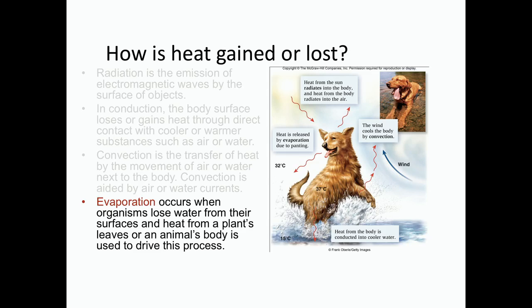So you sweat, you emit fluid from your body, water from your body, to the surface of your skin. As that water evaporates, as it breaks free from the surface of your body, it actually takes energy with it. It brings some of the energy from your body away, which cools you down.